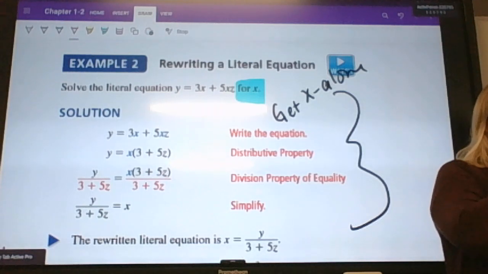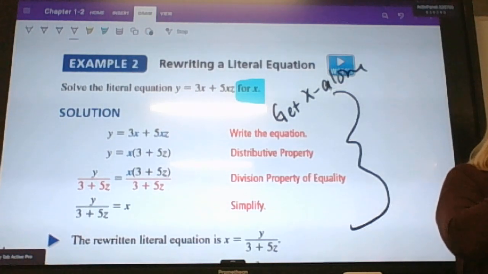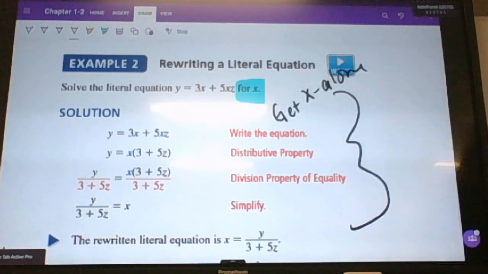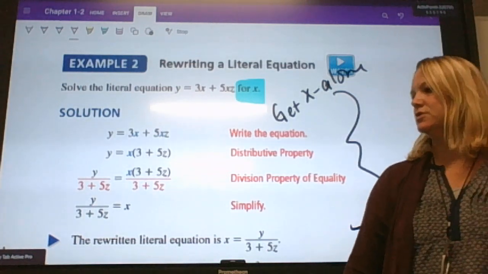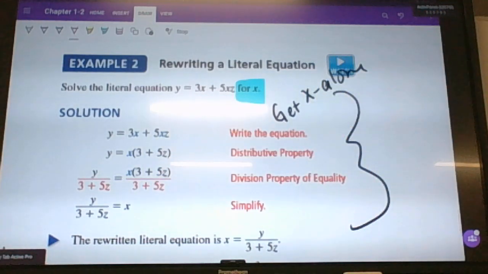Have you guys ever done reverse distribution? Let me show you reverse distribution. I bet you have done it. Let's look at 5x plus 10.